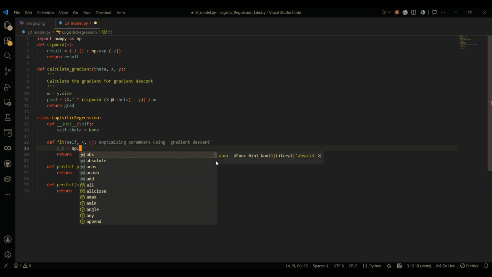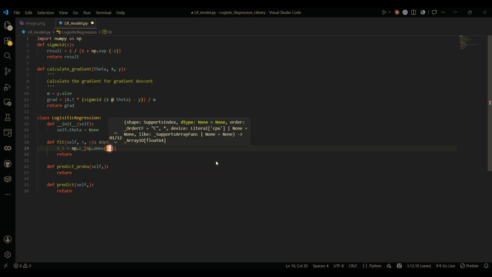It will look something like this: concatenate np.ones. This matrix will have the rows of x and one column, so it will be x.shape[0], which is the rows, and one column, and then concatenate with x.